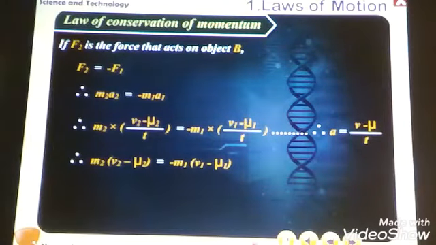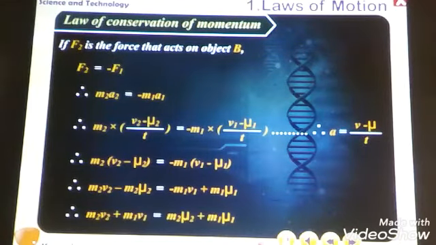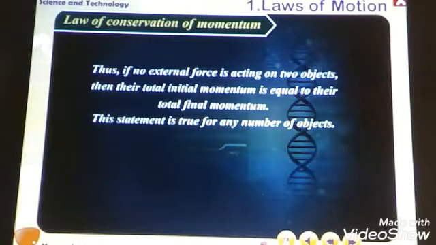Therefore, m2 (v2 minus u2) is equal to minus m1 (v1 minus u1). Therefore, m2 v2 minus m2 u2 is equal to minus m1 v1 plus m1 u1. Therefore, m2 v2 plus m1 v1 is equal to m2 u2 plus m1 u1.